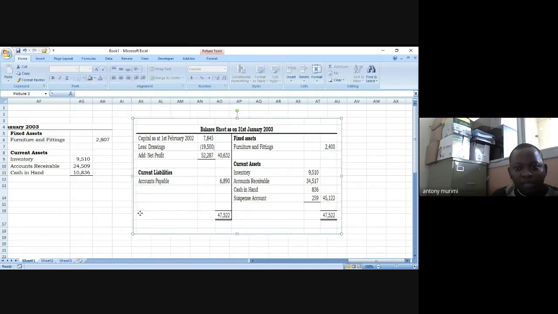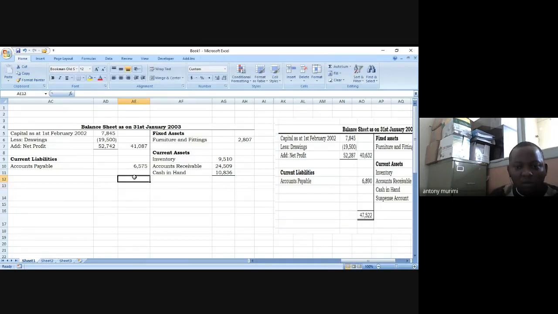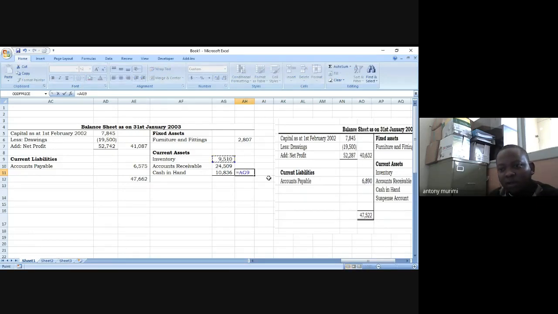The liabilities and capital total is 41,087 plus 6,575. On the asset side, the current assets are how much in total? 9510 plus 24 plus 10.